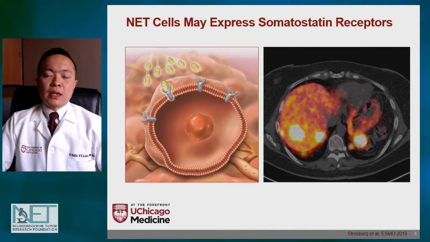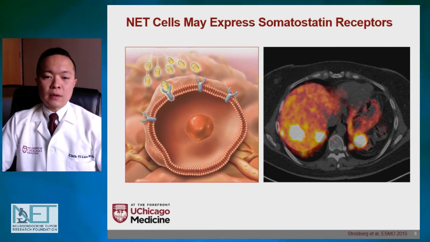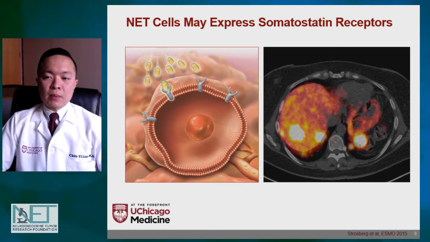Another key feature that I want to point out about neuroendocrine tumors is that many of them may express something called somatostatin receptors on the surface of the cells. On the left-hand side, there is a cartoon of a neuroendocrine tumor cell, and on the surface of the cell, there are these receptors shown in gray, the somatostatin receptors.